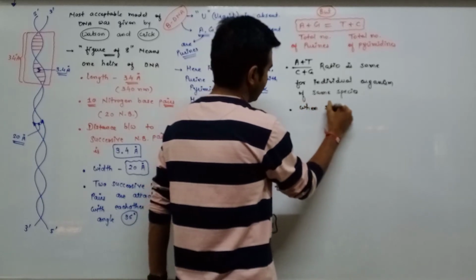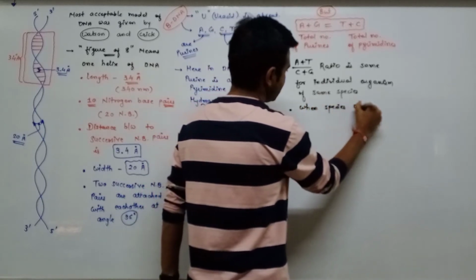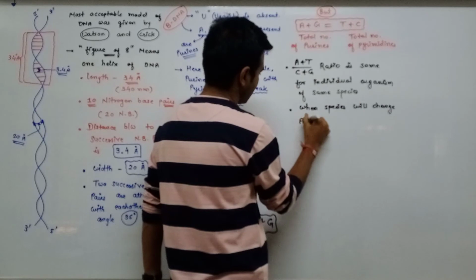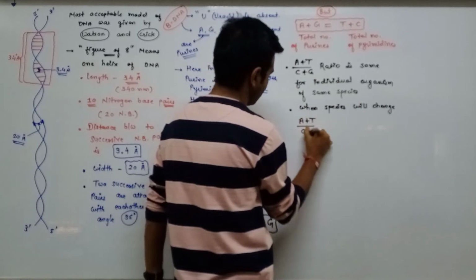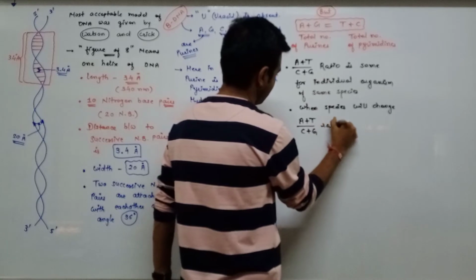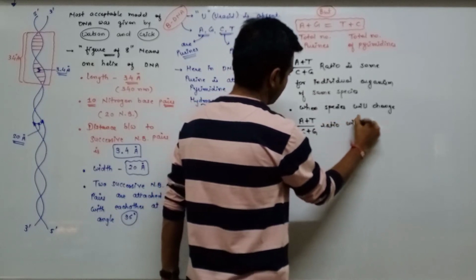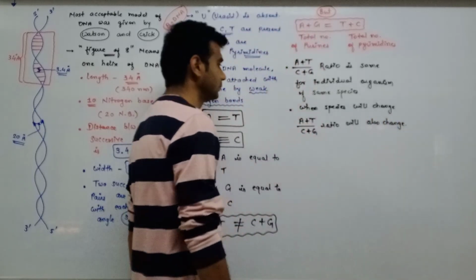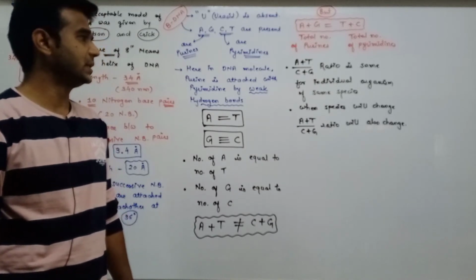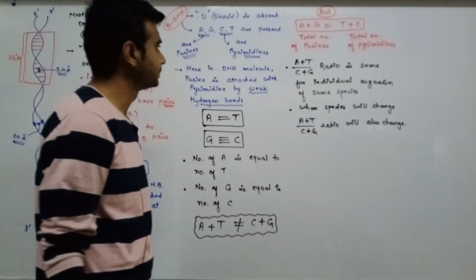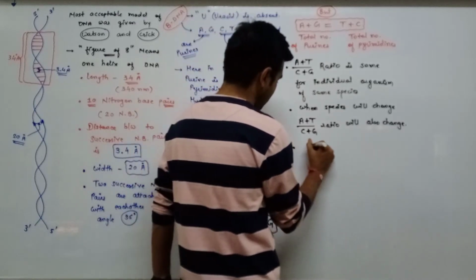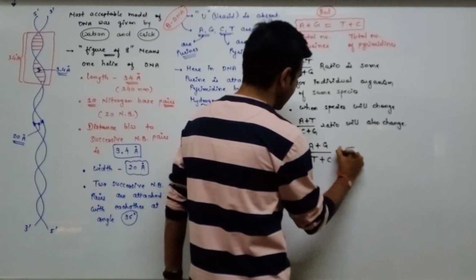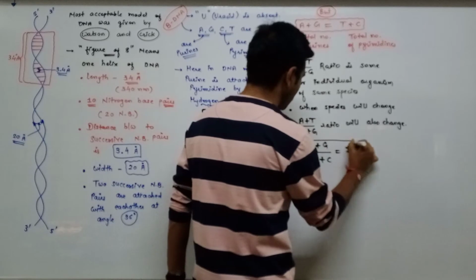When the species changes, then the ratio also changes. Another point: the A plus G upon T plus C ratio is always 1 for all organisms.